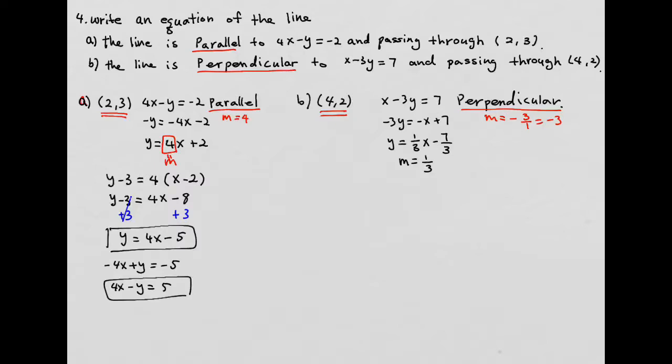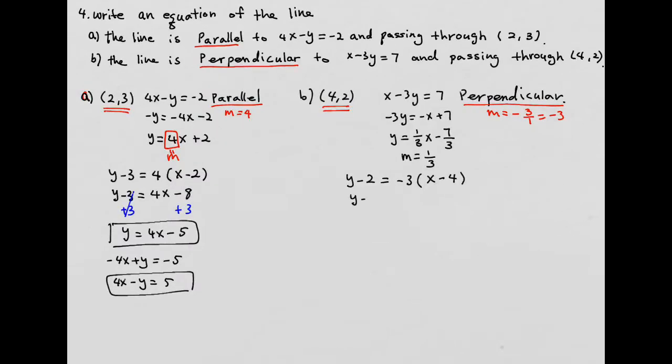So let's put it into point slope form. y minus 2 equals negative 3 times x minus 4. And open the parentheses by distributing negative 3. Add 2 to isolate y.